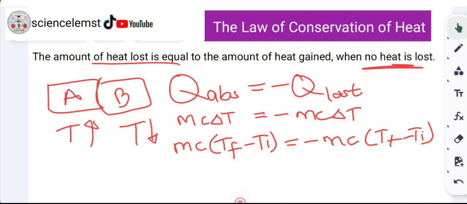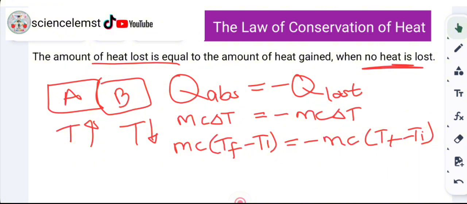So now, we know that one object is going to come with a higher temperature, and the other one is going to come with a lower temperature. Then we need to be able to identify which one absorbs and which one is going to lose the heat. How are we going to identify that?